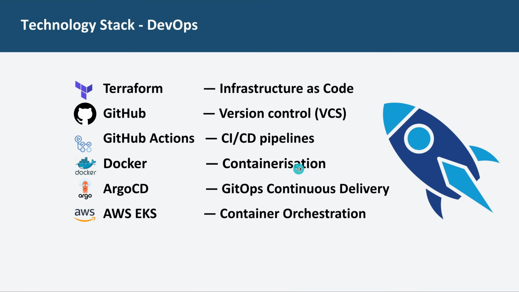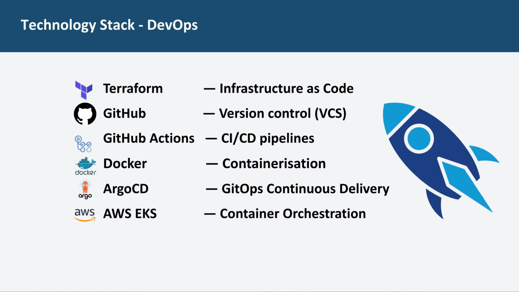Docker for containerization, we should create those. Argo CD for GitOps continuous delivery. AWS EKS for container orchestration. So these are the major tools which we are covering, and we kept GitHub Actions, Argo CD, EKS, and Terraform. These DevOps tools are mostly covered in interviews nowadays. That's the reason we wanted to create a project around this.